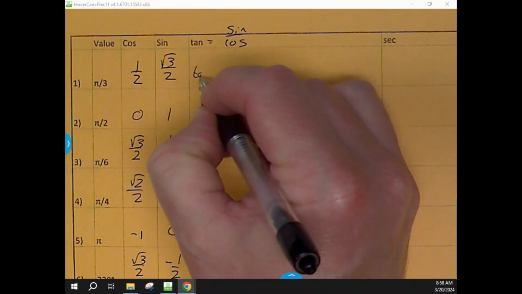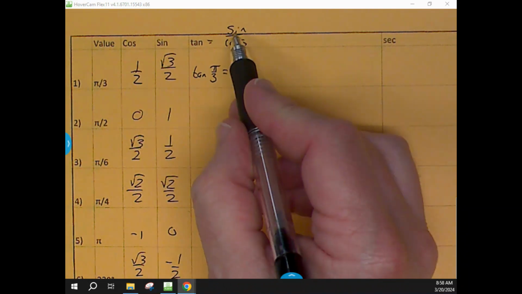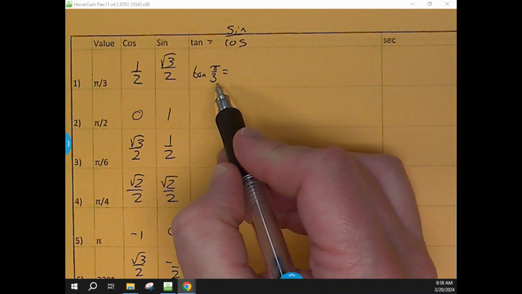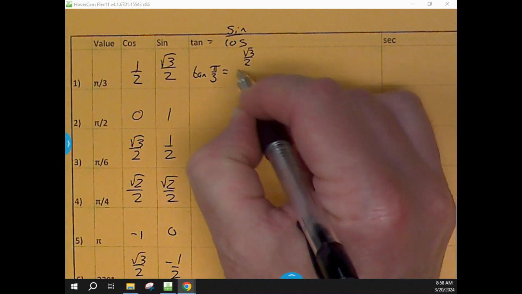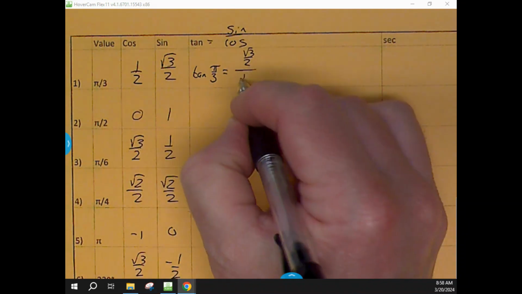So like we do number 1, if we have to find the tangent of pi over 3, that means we're going to take the sine value of pi over 3 and put that over the cosine of pi over 3. So the sine of pi over 3 is square root of 3 over 2, and the cosine of pi over 3 is 1/2.